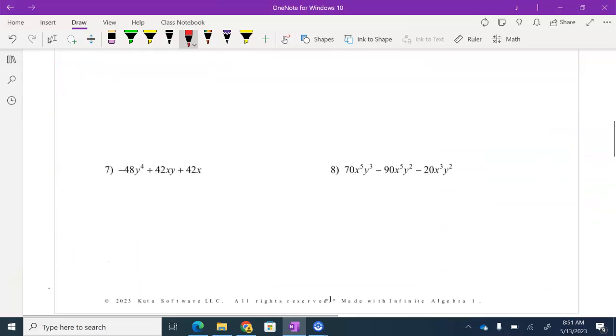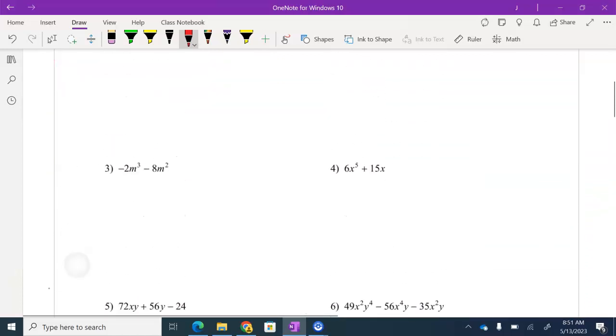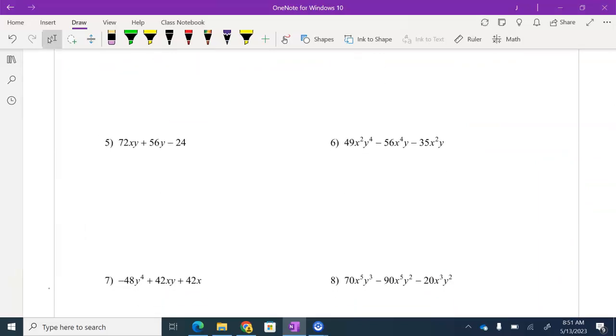So if I come back over here to the problem and I pick a hard one, let's say I pick number 5. You put a fraction line under each one of these and you see what is the number that I can take out of that. Is it 12? Is it 8? What is it? It's 8.